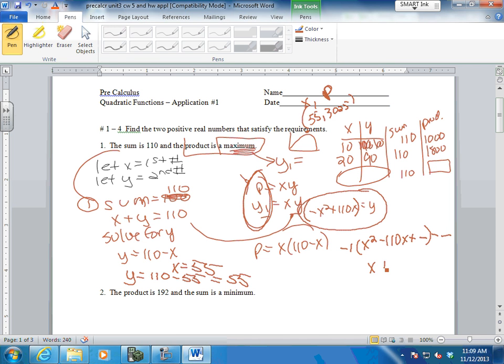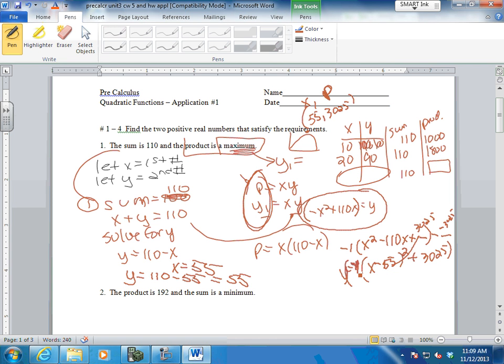Half of this is 55, so I've got minus 55 squared. When I square it, there's my 325. And I have a negative of 325. Look at my vertex. 55, 325. There's my negative 1. That tells me I'm turning down. You see it?